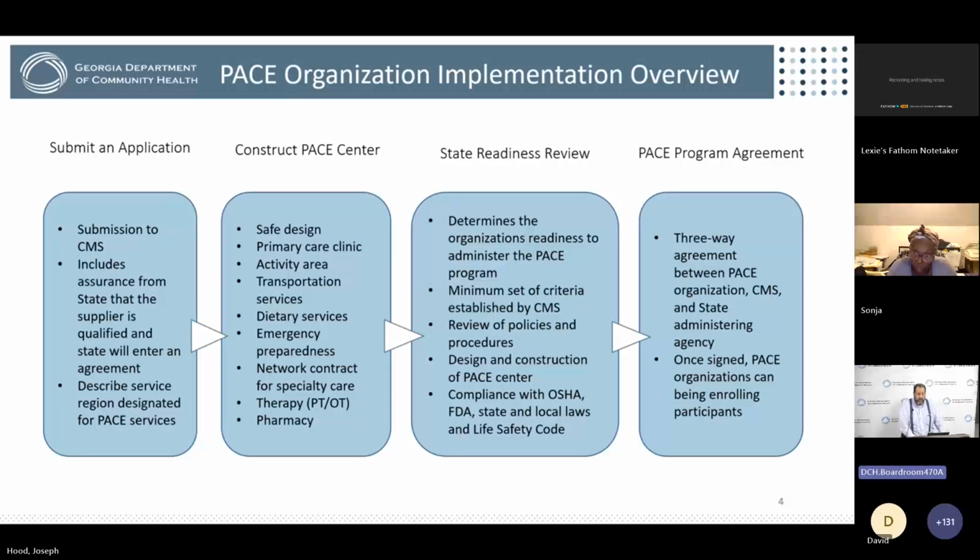And again, the PACE program has to enter into a three-way agreement between the PACE program, CMS, and the state administering agency, which is us. Once signed, the PACE organization can begin enrolling participants. So once you get through all these four steps, you can start enrolling participants.